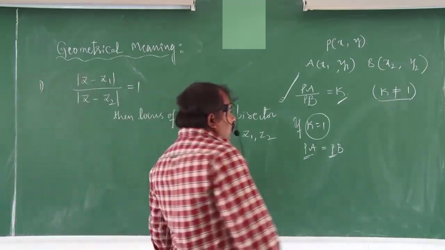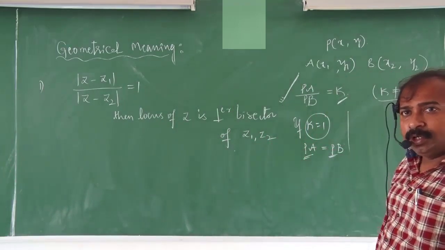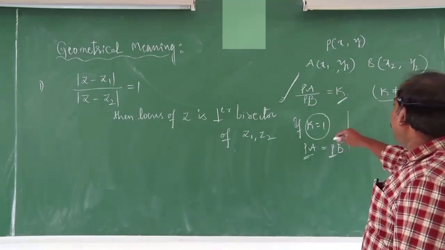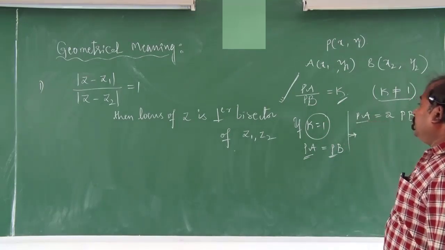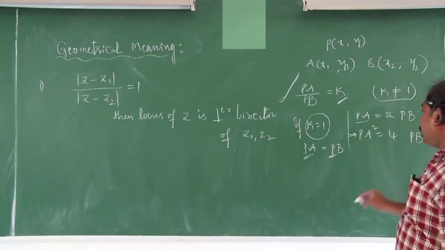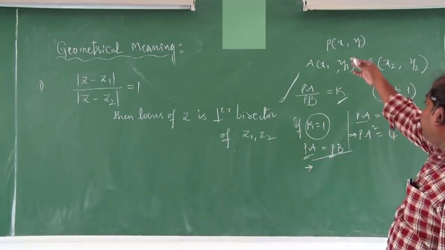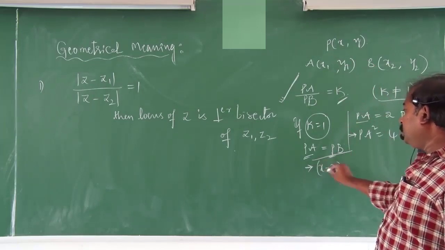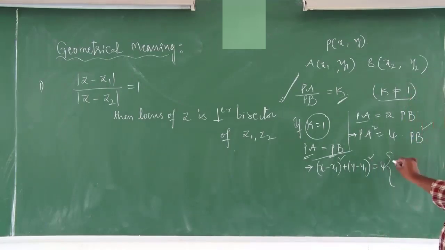Now geometrically, if k is not equal to 1, for example k is equal to 2, then PA is equal to 2 times PB. Now PA square equals 4 times PB square. If I replace the values and simplify: (x minus x1) whole square plus (y minus y1) whole square equals 4 into (x minus x2) whole square plus (y minus y2) whole square.